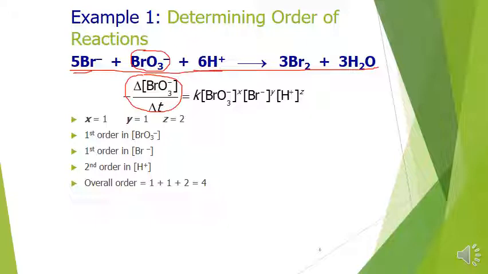They should equal each other. So x equals 1, y equals 1, and z equals 2, and these values have to be determined experimentally, and we'll get into that. So for BrO3 the order is 1, Br is 1, and Z is 2, so the overall rate is 4.